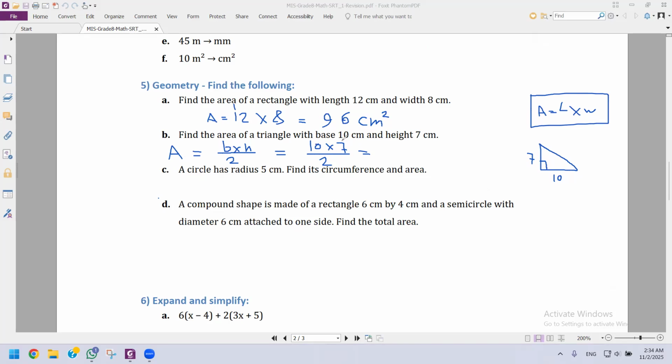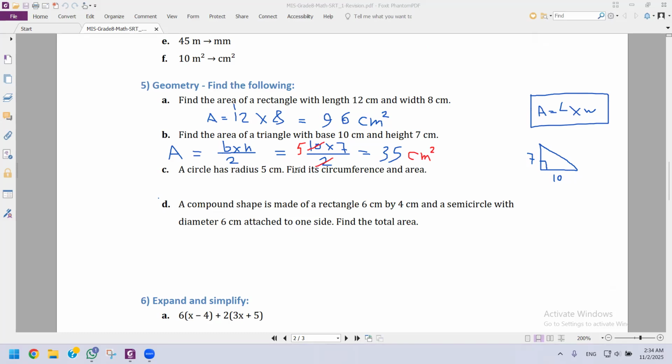You can do 10 times 7, 70 over 2, 35. Or you can simplify before you multiply. 2 divided by 2 is 1. 10 divided by 2 is 5. 5 times 7 is 35 centimeter squared.